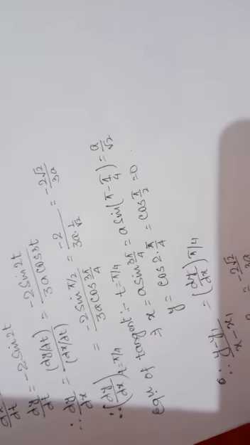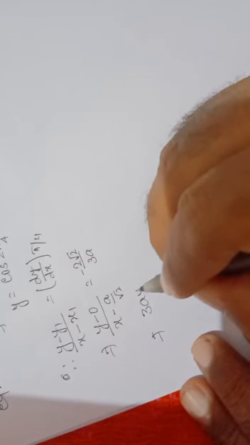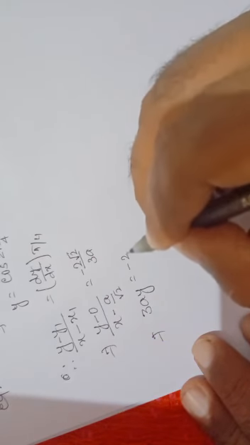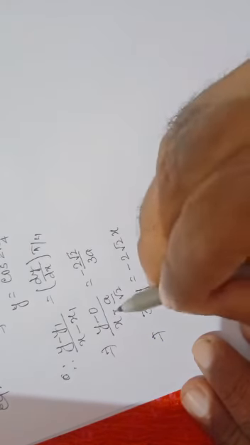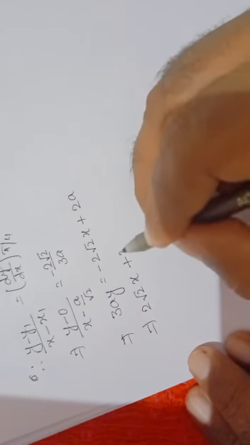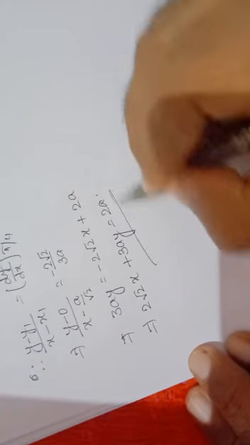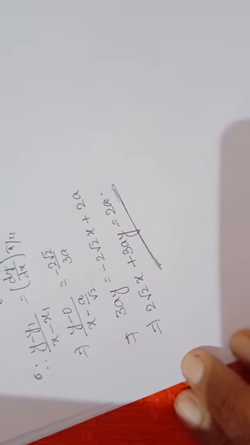Simplify, you will get your result. By cross multiplication, 3ay is equal to minus 2 root 2x, minus and minus becomes positive, root 2 cancels, 2a. So 2 root 2x plus 3ay is equal to 2a will be your equation of tangent.